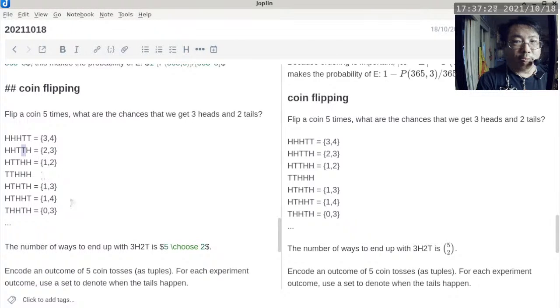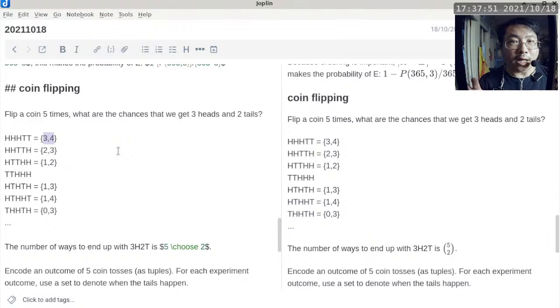So finally, we have a set of 2, right? But for this particular set, what is the size of the bag that we are choosing 2 out of? It is a bag that has 5 items, right? Because the 5 items would be 0, 1, 2, 3, 4.